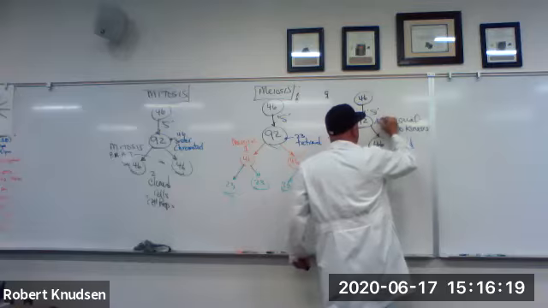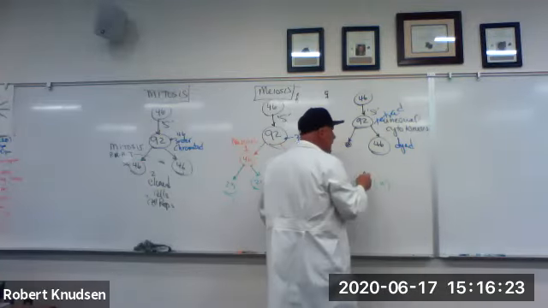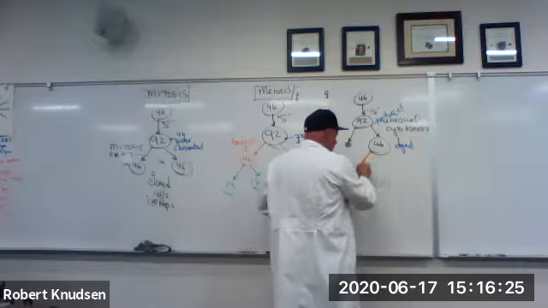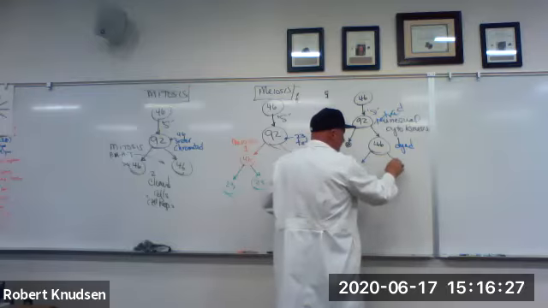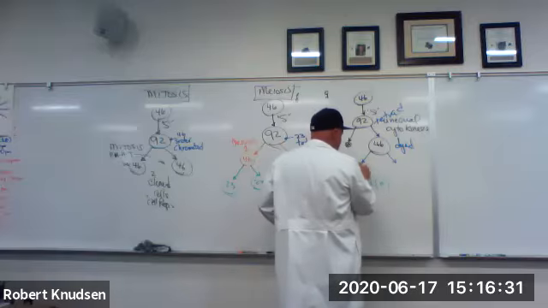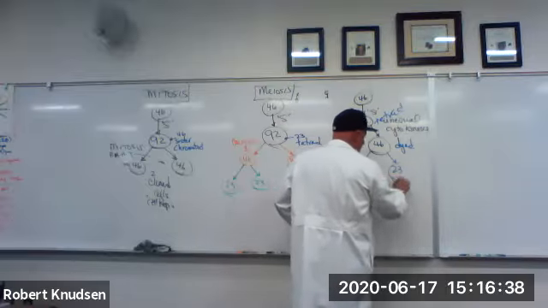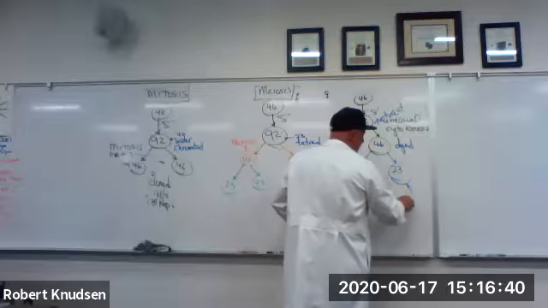This is a tetrad. Okay. I just didn't have them on the same thing. Then we divide again. Guess what? Happens again. And this time, the 46 does 23 and 23. And this is the ova.